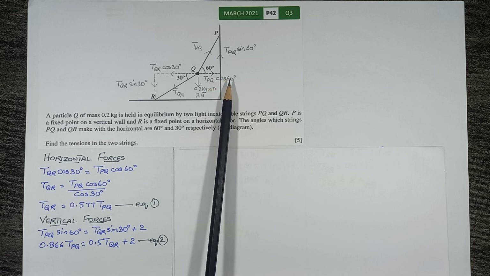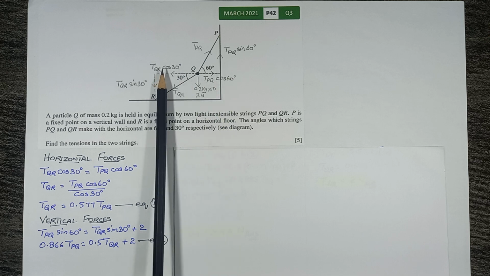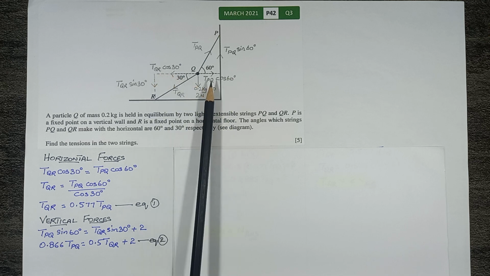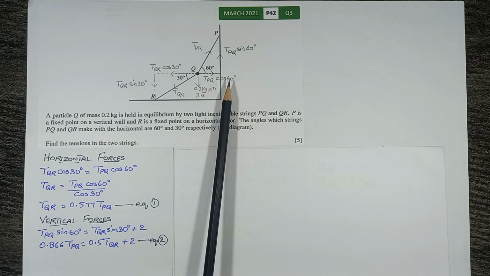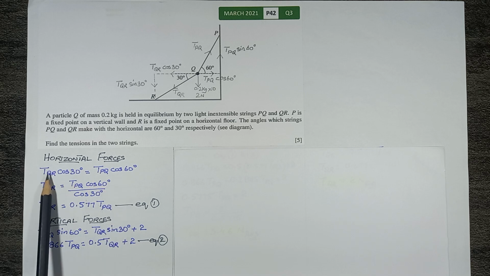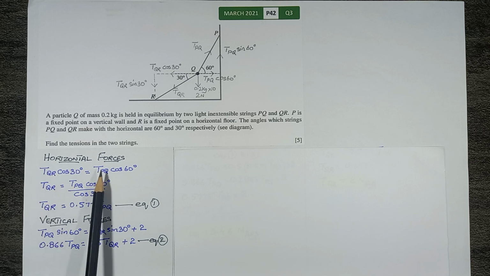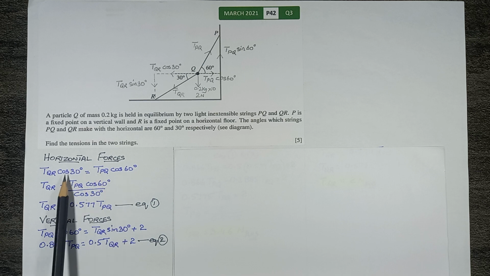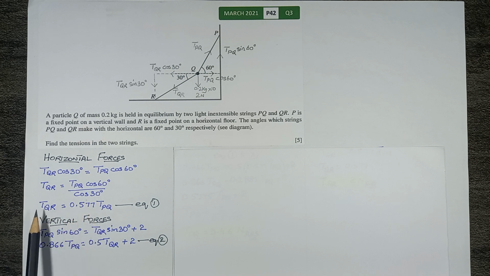Since it is in equilibrium, TQR cos 30 equals TPQ cos 60. So TQR equals TPQ times cos 60 divided by cos 30, which is 0.577. This is equation 1, relating the tension in QR and the tension in PQ.